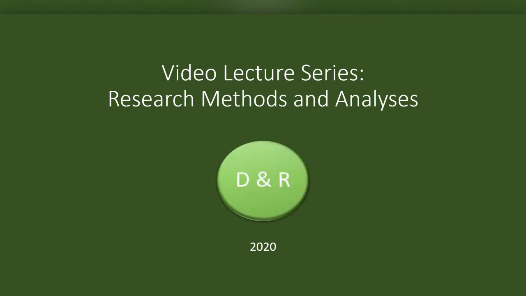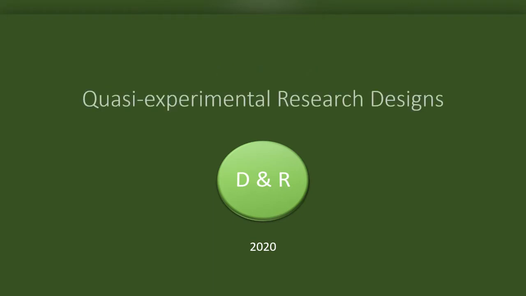In this video, we will discuss various types of quasi-experimental designs. In many situations, there are practical difficulties in applying experimental designs. In such cases, we can use quasi-experimental designs.